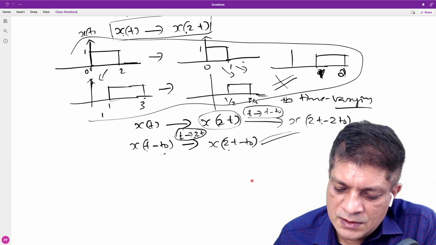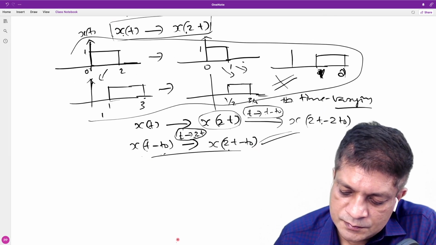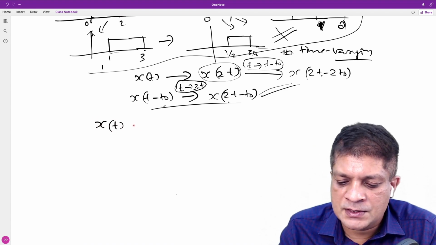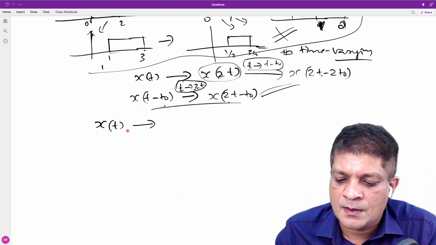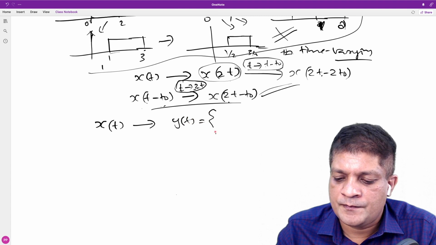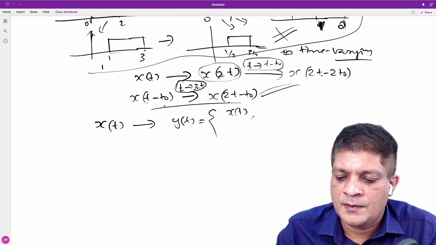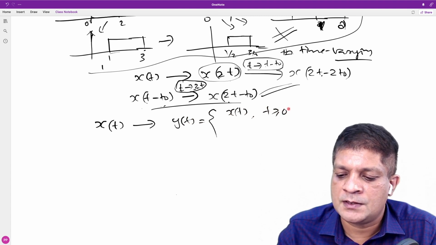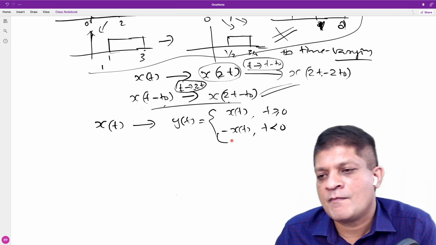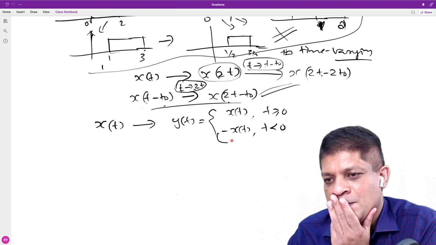Now let us consider another example. What about this system, if we are giving x(t), the output y(t) is x(t) for, let's say, t greater than or equal to 0, and minus x(t) for t less than 0.